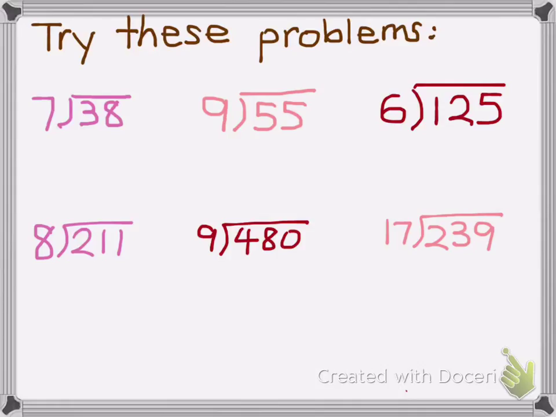Now try these division problems. Think of which problems might have remainders and which ones might not. When you look at a problem like 55 divided by 9, the first digit, the digit in the tens, won't have any number over it.